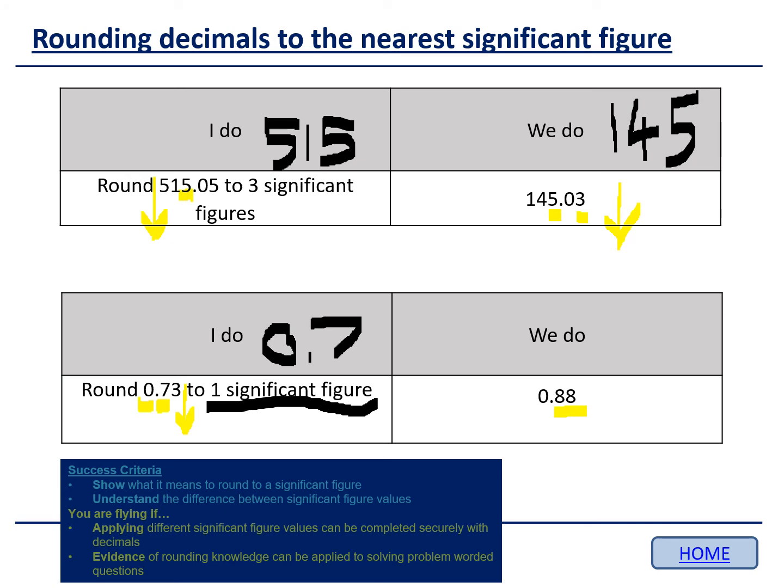Again, we have nothing in the ones, which means we have to jump here for our first significant figure. This 8 is higher than 5, so that means it's going to be rounding up, which means that we're going to have 9 tenths, 0.9 to one significant figure here. So well done after pausing, and if you got that correct.